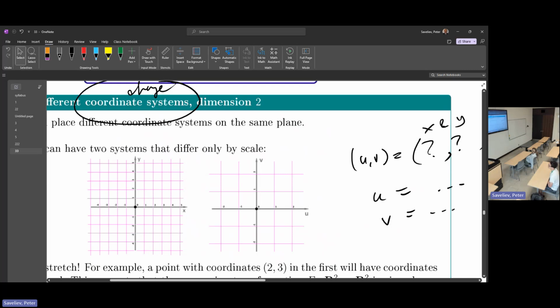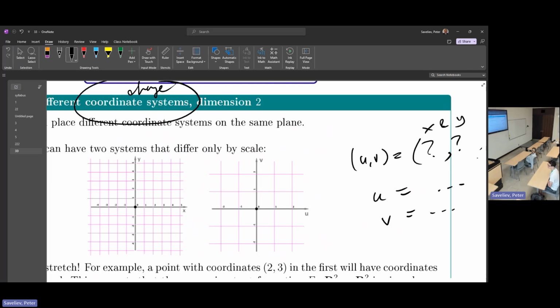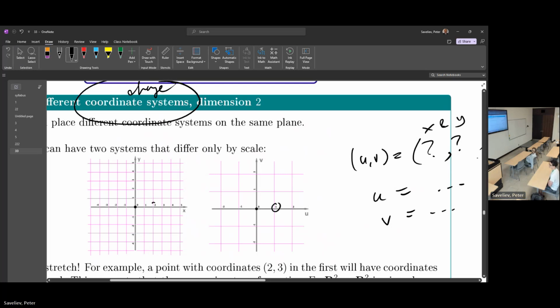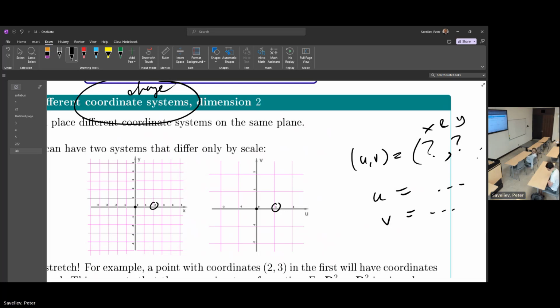Look at this one. If I take this point, for example, the same location used to have coordinate 2, 0, and now it has coordinate 1, 0. So what has happened? That's the same point. Once again, it's not just separate axes or coordinate systems. It's the same point.